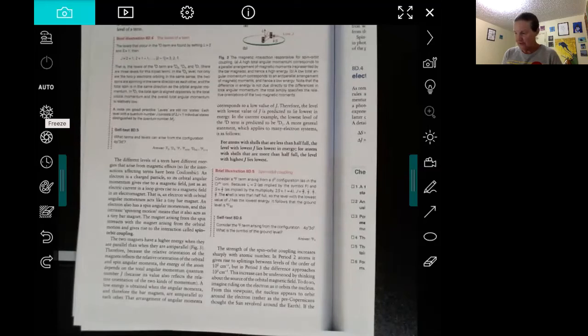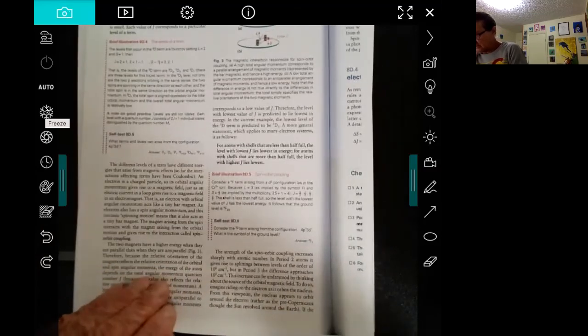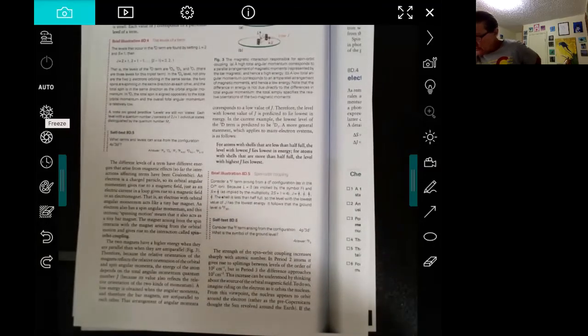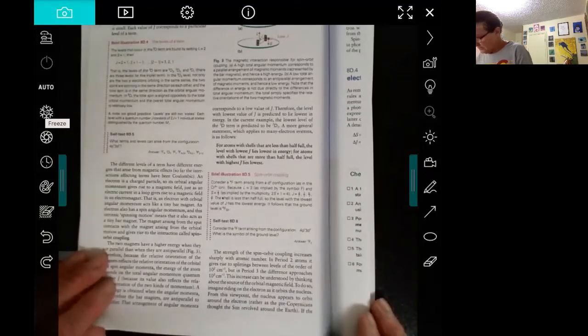So that's lower energy. The other rule they give is that for atoms with shells that are less than half full, the level with the lowest total J lies lowest in energy. But for atoms with shells that are more than half full, the level with the highest J is lowest in energy. So you can do the self-test on page 384, and then it's easy to use that rule to figure out that it's the F3 triplet state that's the ground state for that particular system that we just looked at.